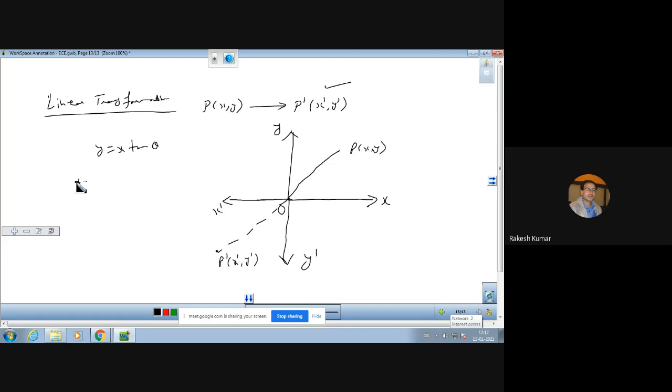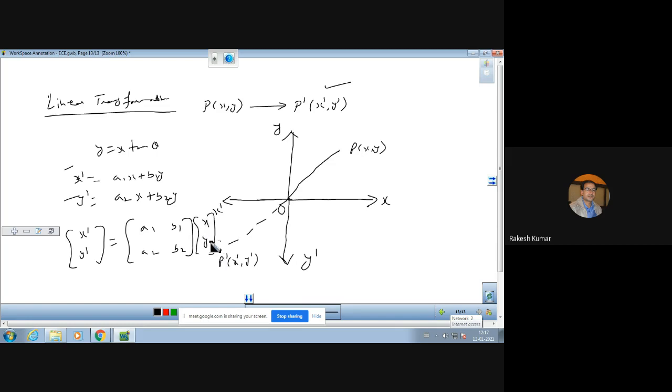Then the values of x dash and y dash will be a1x plus b1y, a2x plus b2y, and this transformation can also be written in matrix form like this: a1 b1, a2 b2, times the column matrix x, y.